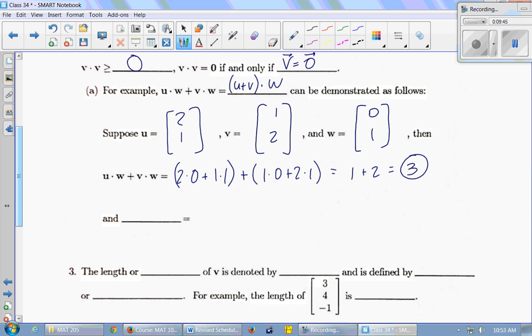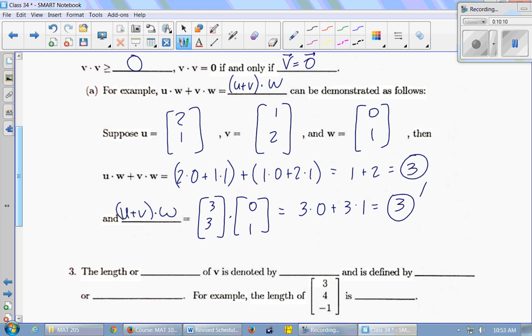And then I'm going to do it the factored way. I'm going to do U plus V and dot that with W. U plus V is 3, 3. And I'm going to dot that with W, 0, 1. And I get 3 times 0 plus 3 times 1, which is 3. Same thing. So just a quick example to verify one of the properties of dot product.